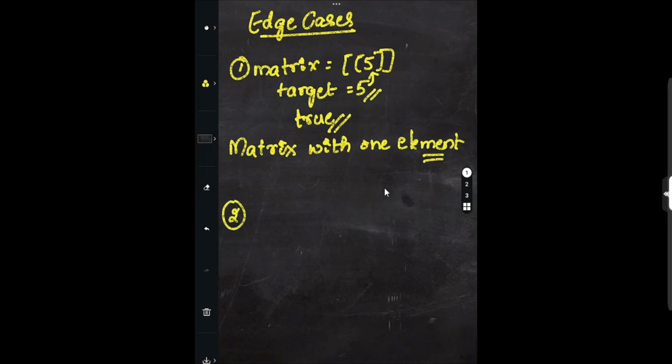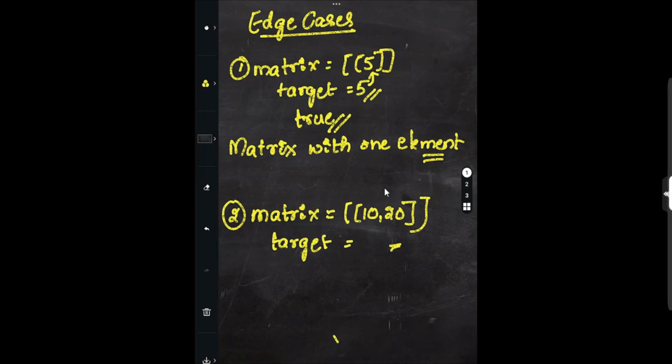Let's move on with the next edge case: target less than all elements. I'll consider this matrix with 10, 20. Let me consider a target less than all the elements, say 5 or 6, anything less than 10. 10 is the least element here, so we are considering 5.